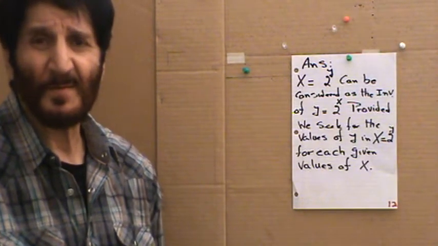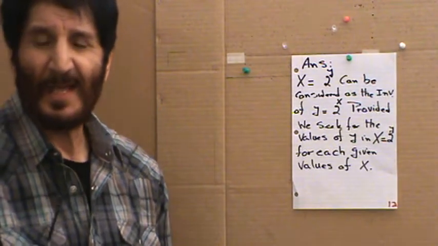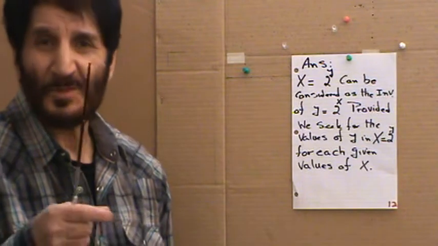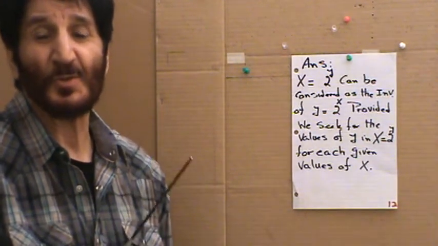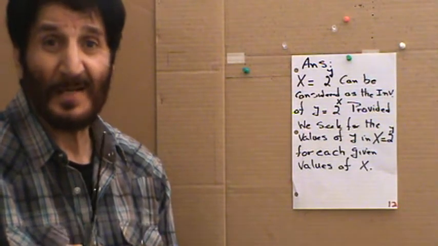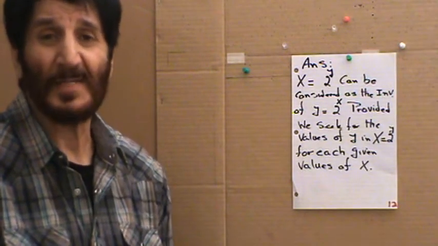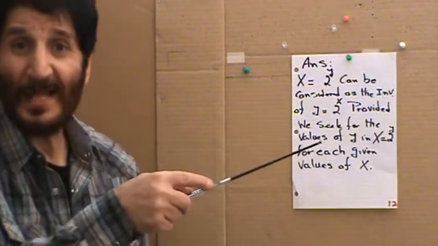We become familiar with them. We are using the notation y equals something, and then we say y is a function of that something. Or we can write y equals f of x, or g of x, or h of x, whatever the independent variable to be. In this case, we are talking about x.